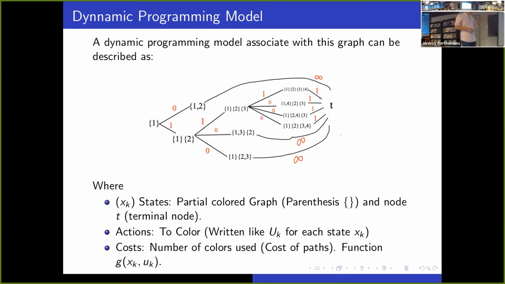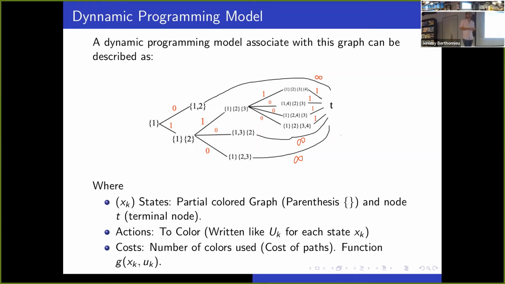These states are partial colored graphs. They symbolize that you have colored node 1. And here you have colored nodes 1 and 2, but with different colors. The parenthesis symbolizes different colors.